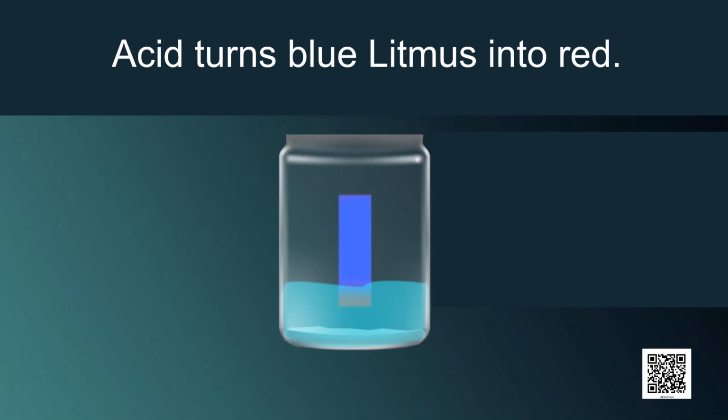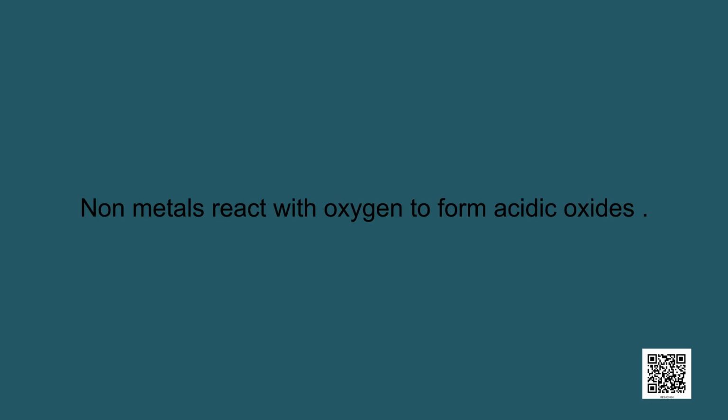It turns blue litmus into red and it shows that it is an acid. So, with the help of this activity, we can conclude that non-metals react with oxygen to form acidic oxides.